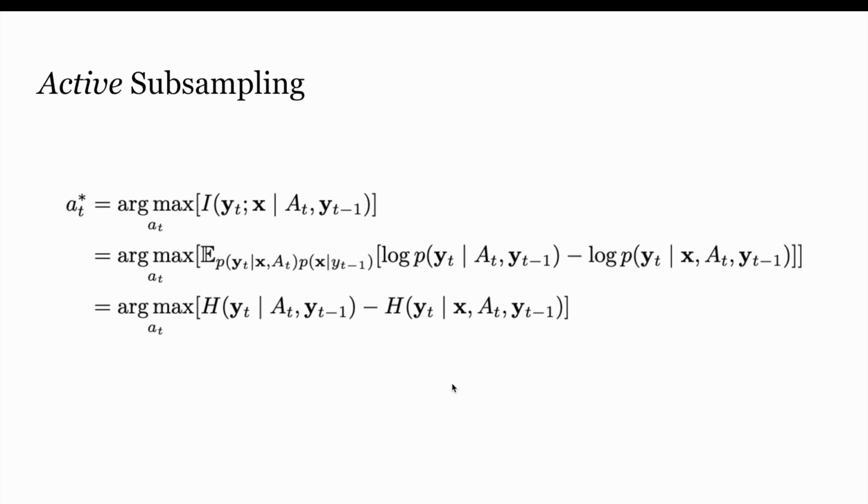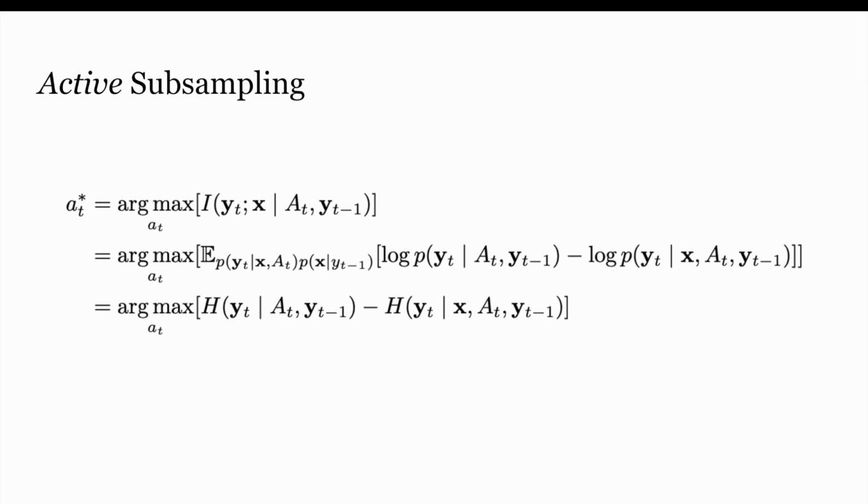And you can manipulate this and show that it's actually equivalent to maximizing this term, which is composed of two entropies. The first entropy here is the posterior measurement entropy. So if you've observed k measurements so far and you're trying to imagine what will happen in these new locations that you haven't measured yet, you can measure the narrowness or the broadness of that distribution with this entropy here.